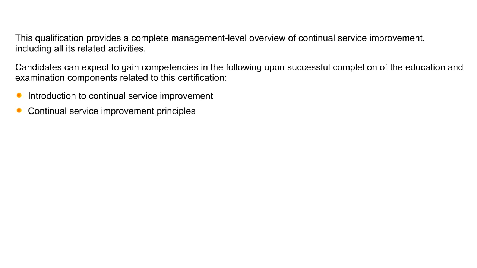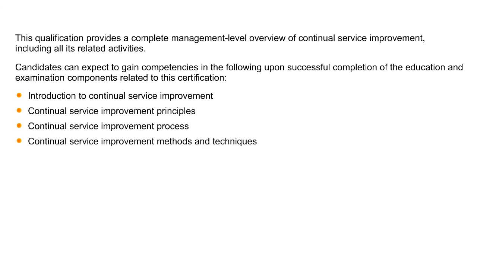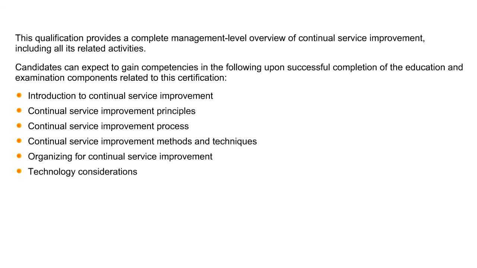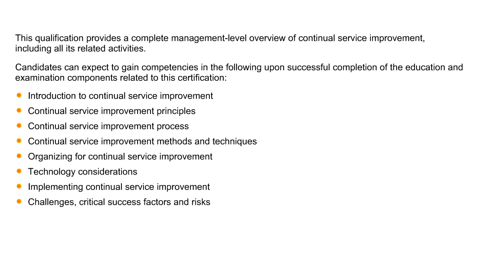Continual Service Improvement Principles. Continual Service Improvement Process. Continual Service Improvement Methods and Techniques. Organizing for Continual Service Improvement. Technology Considerations. Implementing Continual Service Improvement. Challenges, Critical Success Factors, and Risks. We will discuss each topic in detail in the course outline.